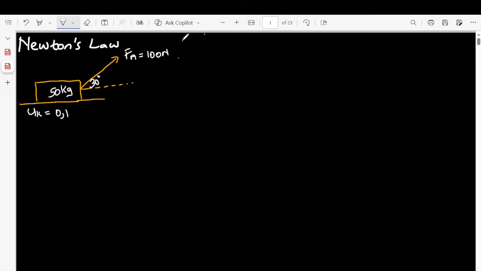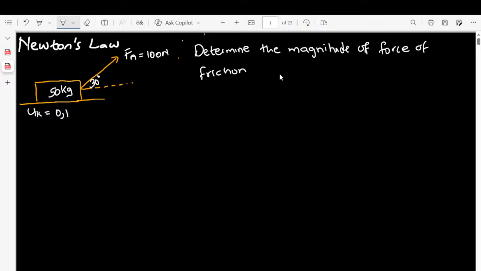We need to determine the magnitude of force of friction. Okay, so now we need to find the force of friction that is acting on the box.